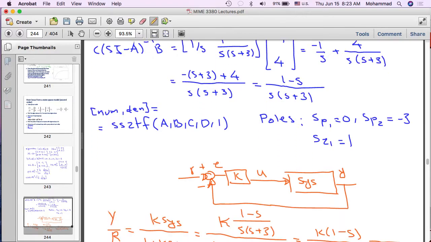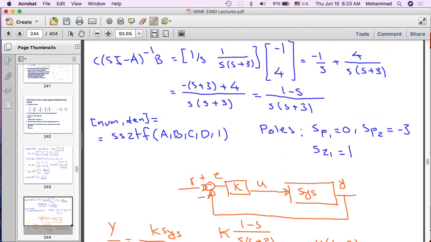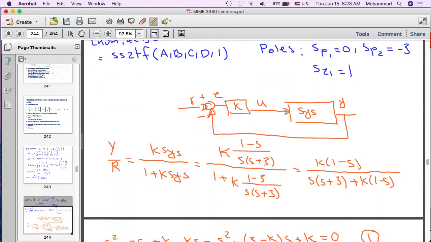Then we went ahead and closed the system. This is the transfer function of the open loop system without any controller. It has 2 poles at 0 and -3, and 1 zero at +1. Then we closed the system with a proportional controller, and we repeated the calculation to find the closed loop transfer function, the ratio of y over r, using our golden rule.